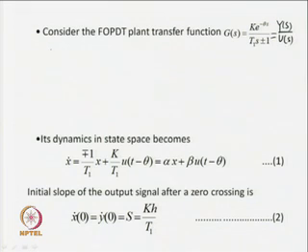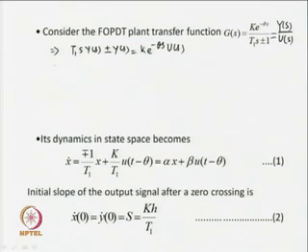Then cross multiplication will result in T1 s y(s) plus or minus y(s) is equal to K e to the power minus theta s u(s).